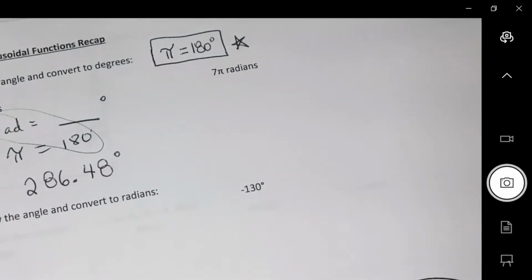So try the ratio on your calculator by doing a cross multiply. Okay, and it did ask us to draw it as well.